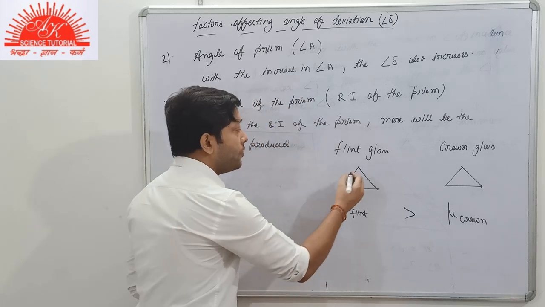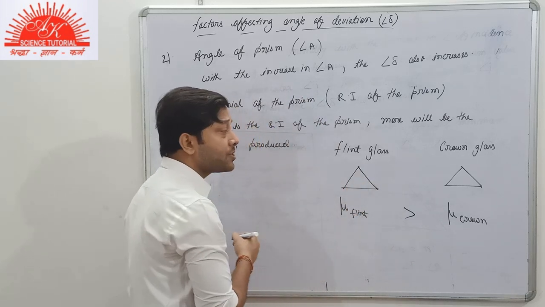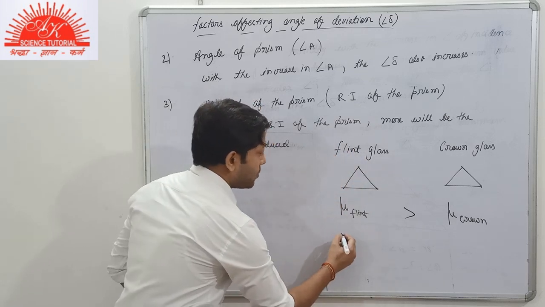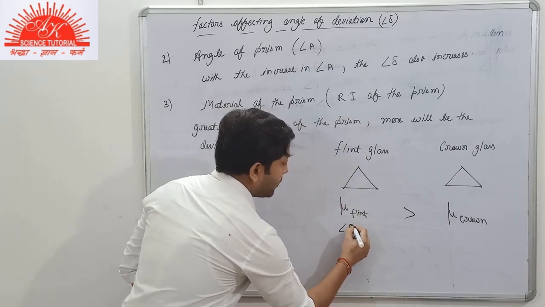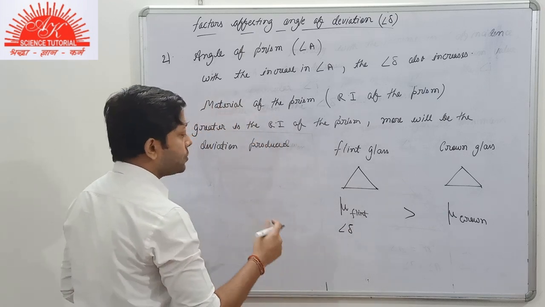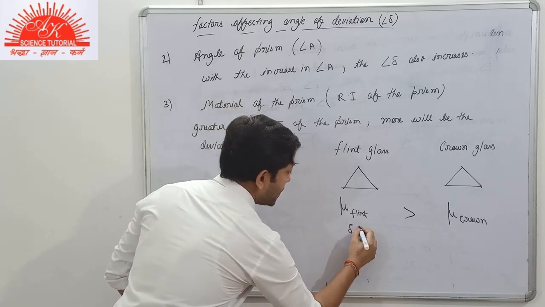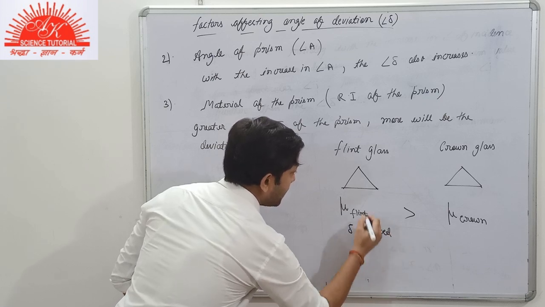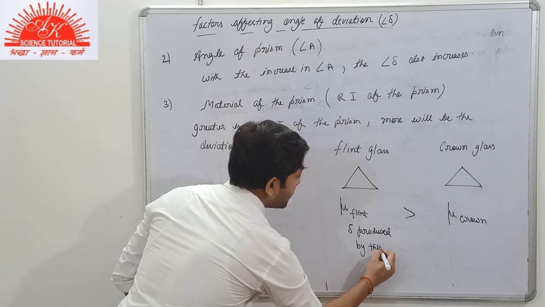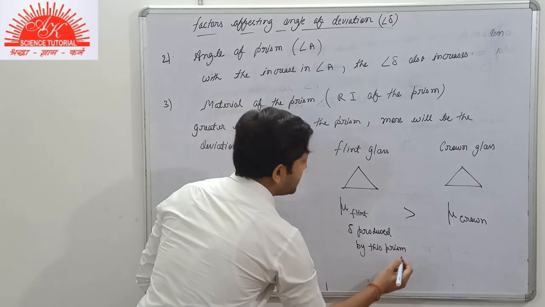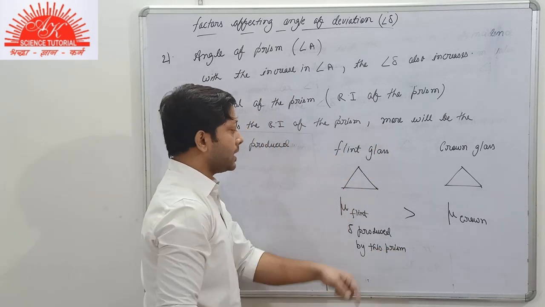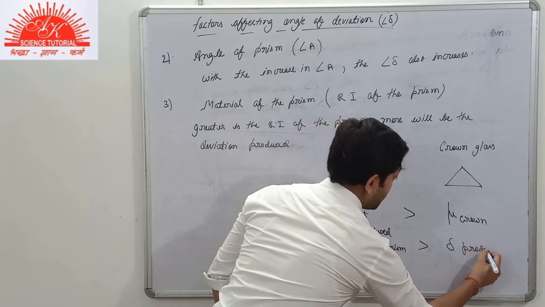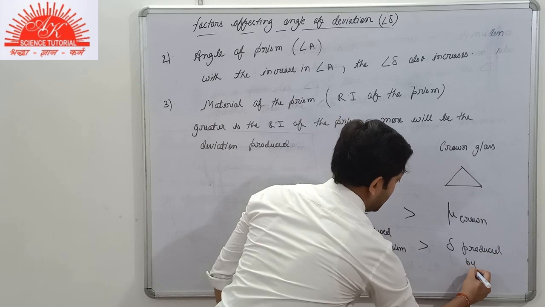So which prism will produce more deviation? Obviously this prism that is made up of flint glass. So I'll mention it here: the angle of deviation produced by this prism, that is the prism made up of flint glass, will be greater than the deviation produced by the crown glass prism.